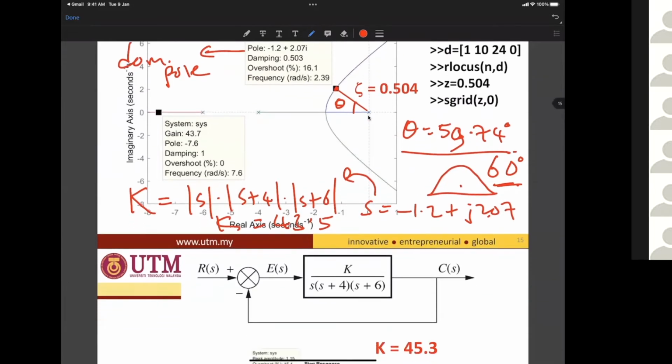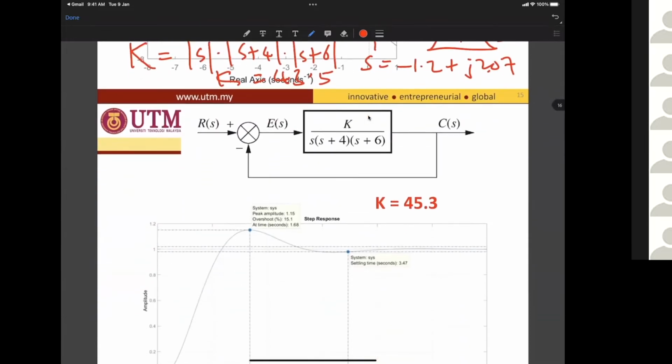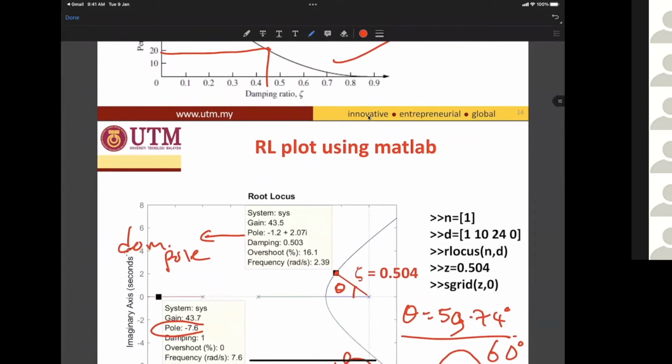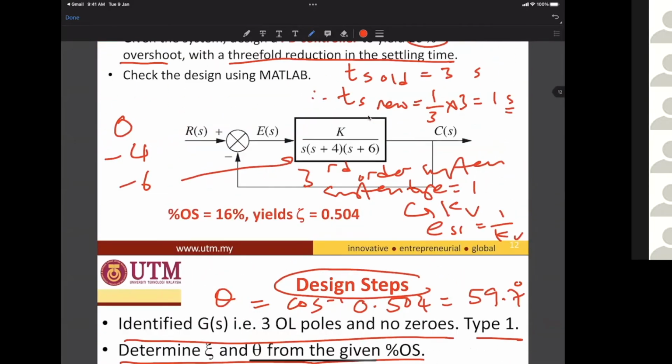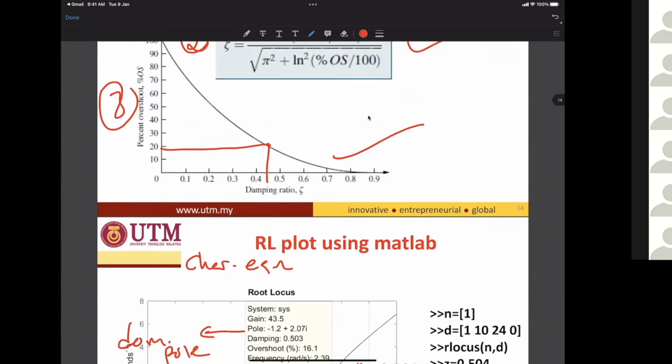How do we get the third pole? The third pole comes from the characteristic equation. What is the characteristic equation? S times S plus 4 times S plus 6 plus K equal to 0.